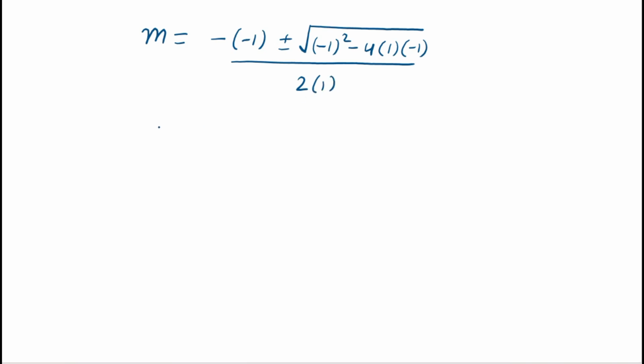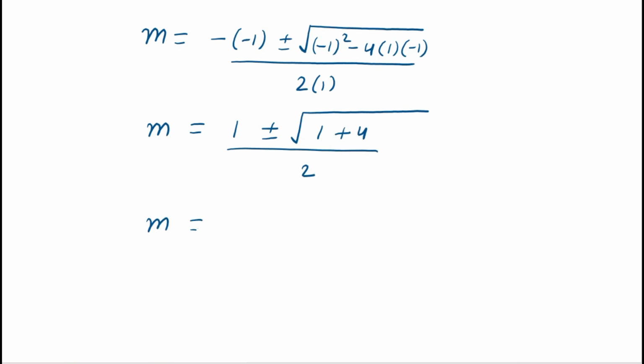Then m = minus multiplied by this minus 1, you will get plus 1, plus or minus the square root of (-1)² is 1, minus 4 times -1 is plus 4, divided by 2. So m = (1 ± √5)/2.